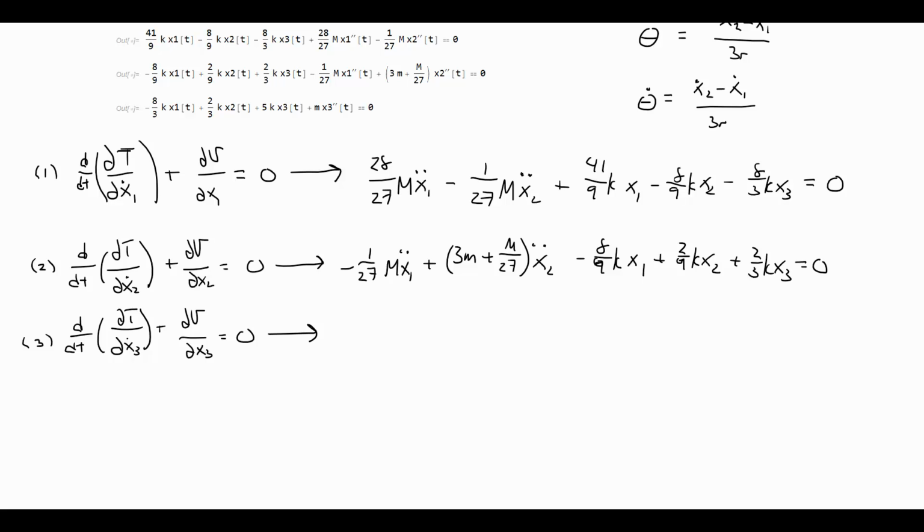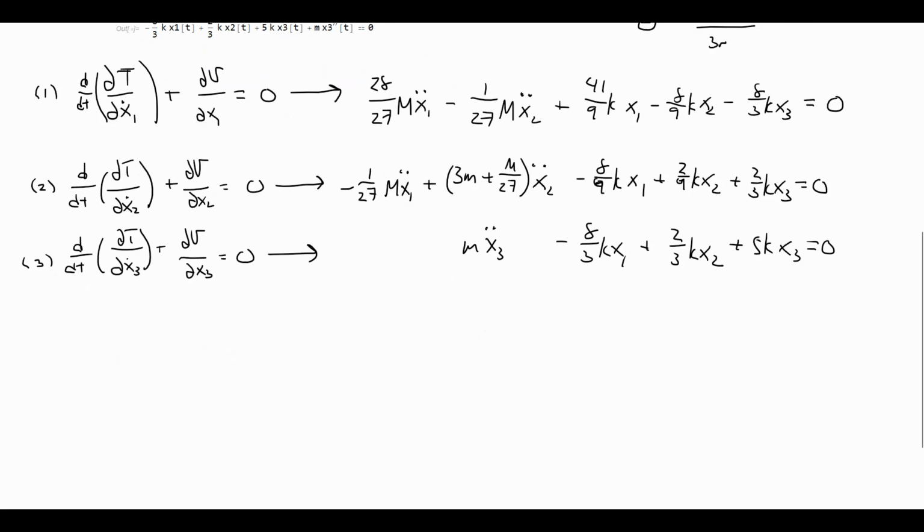And the third line here, this is where we have an x3 double dot, and this term has no x1 or x2 double dots. Getting into just the x terms, negative 8/3 k x1, 2/3 k x2, and a 5k x3 equals 0.